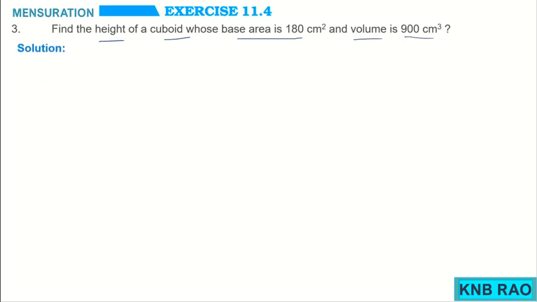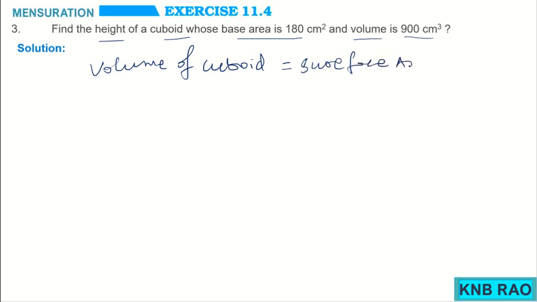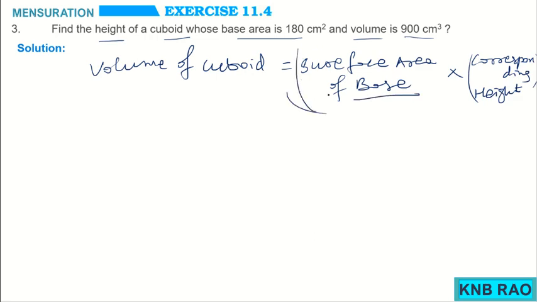See children, here very simple, we have volume of cuboid is surface area or base area, we say surface area of the base into corresponding height. So, very important, base area into height.